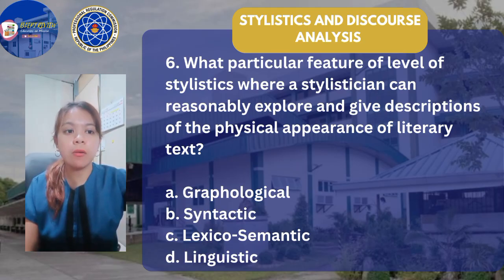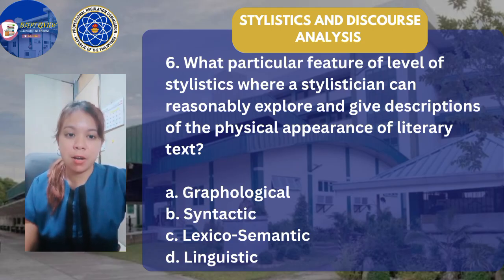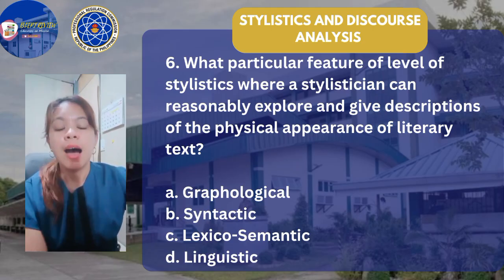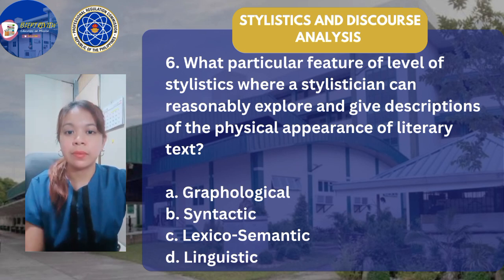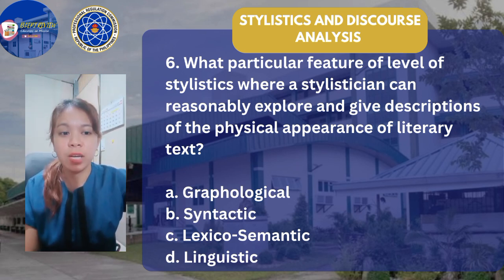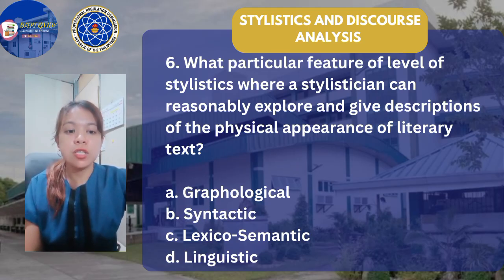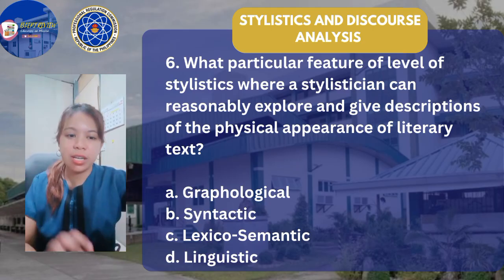It focuses on word choice and meaning, including figures of speech, connotations, and denotations, and not the physical appearance. That's why it is incorrect. Lastly, we have the linguistic. When we say linguistic, it is a broad term covering all aspects of language, but it is not a specific stylistic level focused solely on visual features. Okay, are we all clear with that?